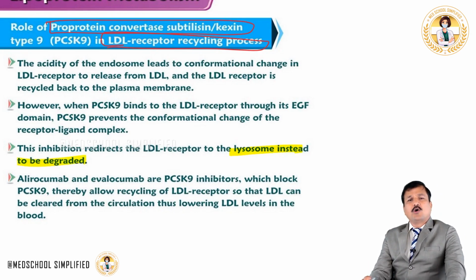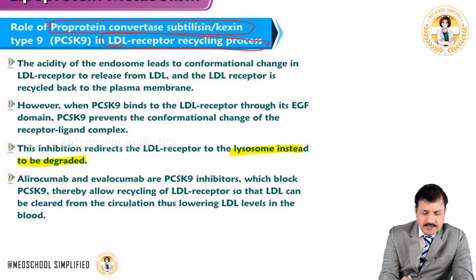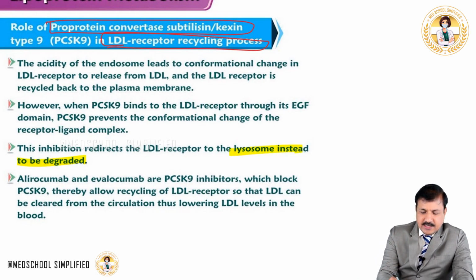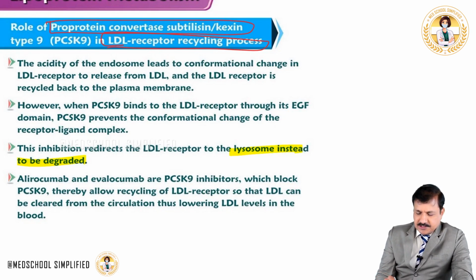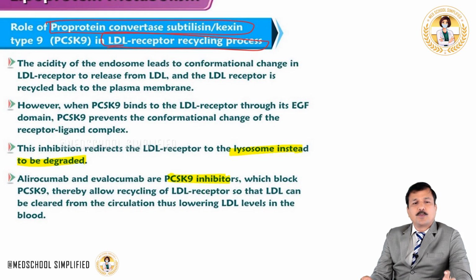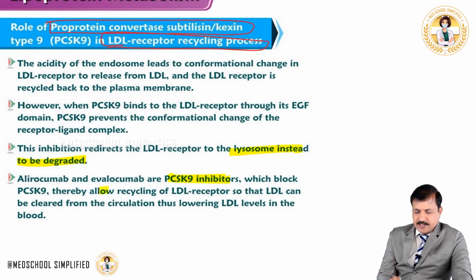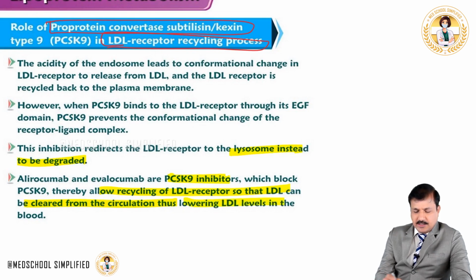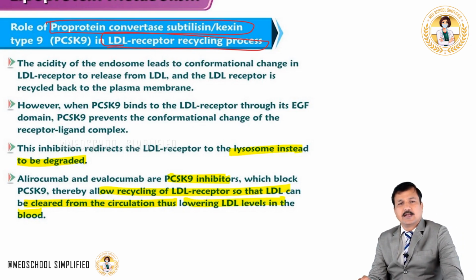Now how to avoid this? In a person who is expressing PCSK9 molecules, there is a class of drug called PCSK9 inhibitors. These PCSK9 inhibitors are going to block these PCSK9 molecules, thereby they will allow recycling of LDL receptors so that LDLs can be cleared from the circulation, thus lowering blood LDL levels.